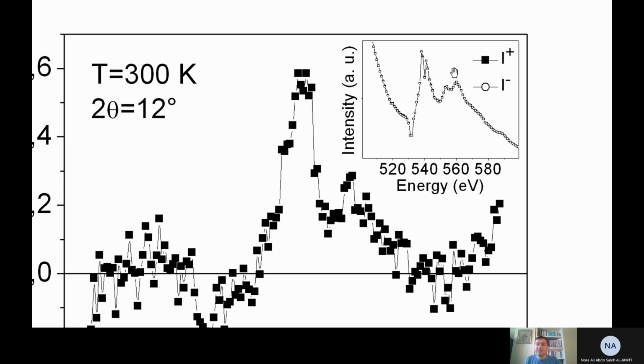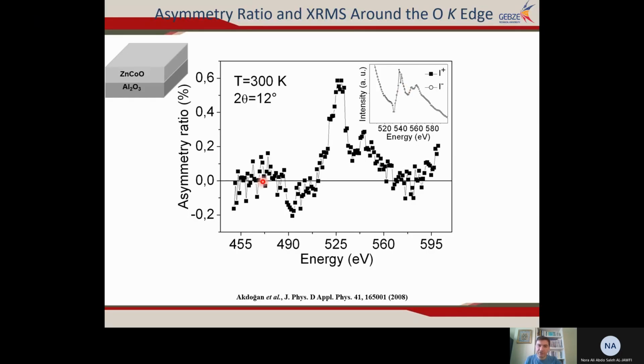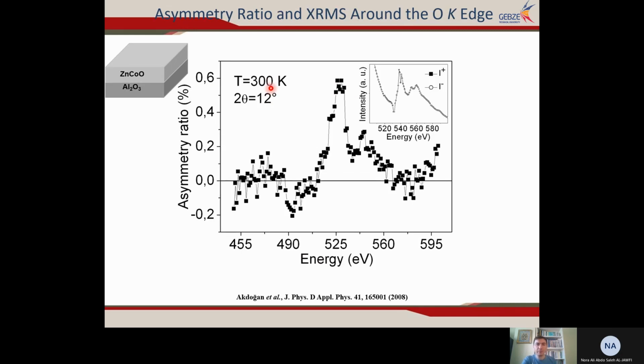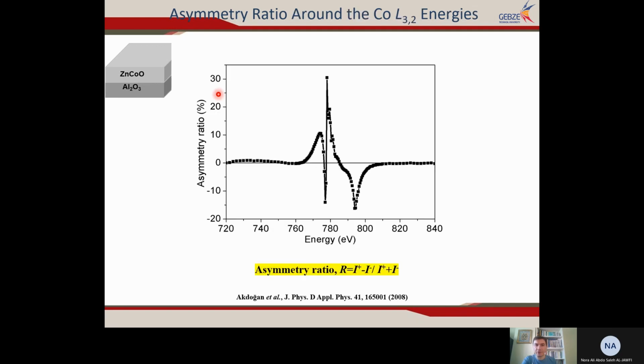But if you plot this data as asymmetry ratio versus energy, what you see here is that we have nothing here, but around the absorption energy of the oxygen, we have a difference. It is very small, 0.6%. Look at this one, it was 30%. This is 0.6%, a very small magnetic signal compared to the cobalt.